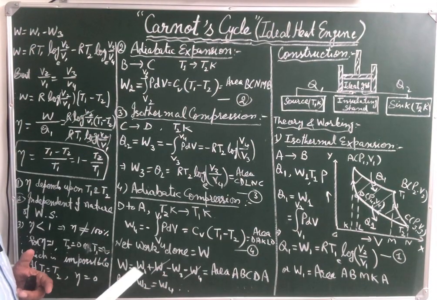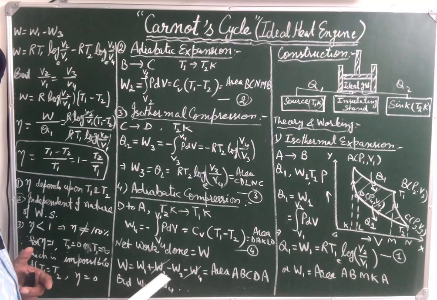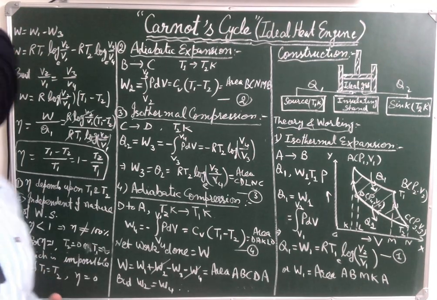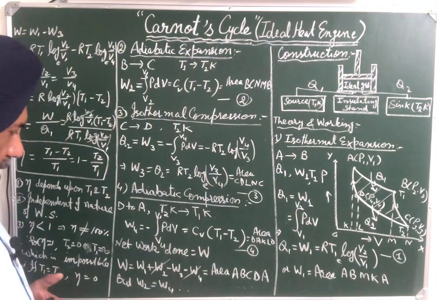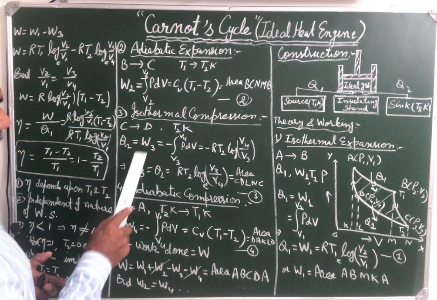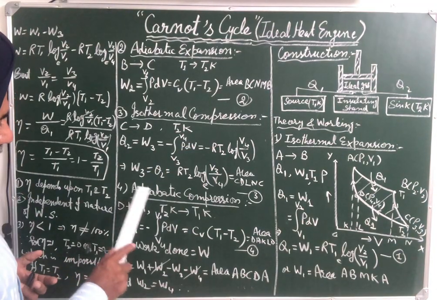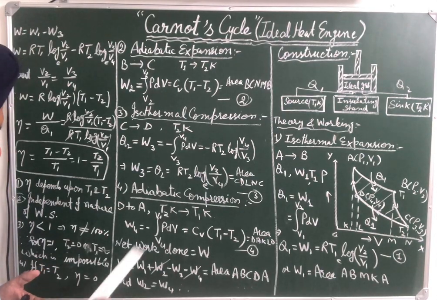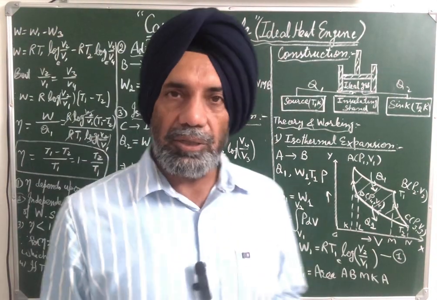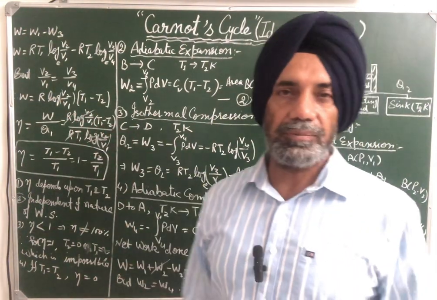So during the complete Carnot cycle, W must be equal to W1 plus W2 minus W3 minus W4, because work done upon the gas is taken as negative. But W2 and W4 are equal: work done during adiabatic expansion is equal to work done during adiabatic compression. So they cancel each other. The net work done during the Carnot cycle is given by W is equal to W1 minus W3.